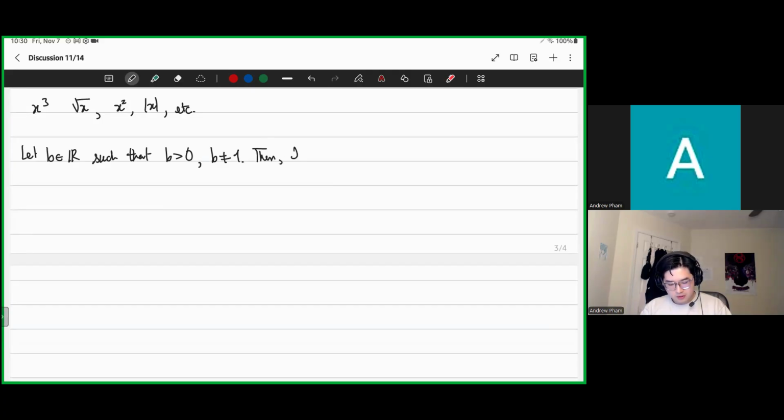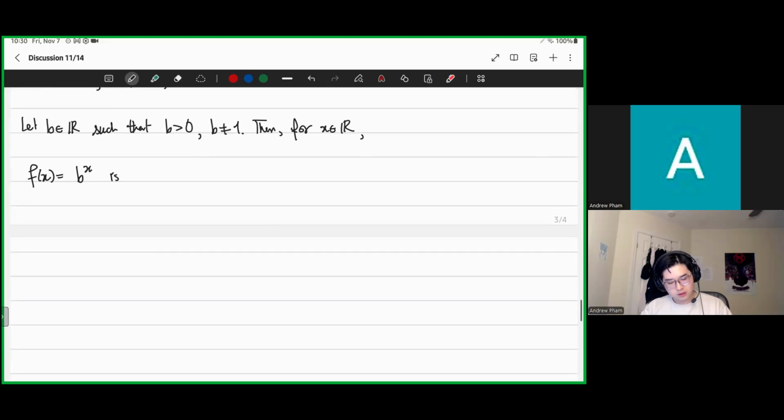Then for any x that is real, the form f of x is equal to b to the x is called an exponential function of base b.